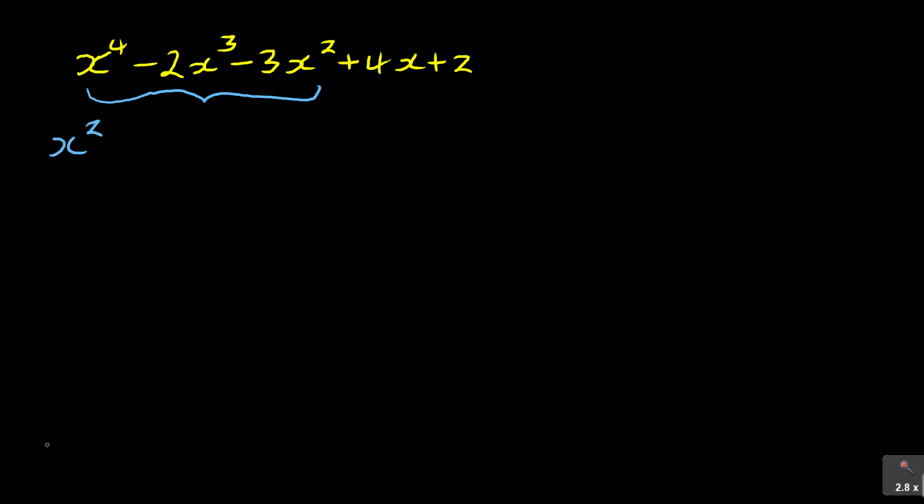What will it become? It will become x squared inside, minus 2x minus 3. That makes a bit of sense. If we have that plus 4x plus 2, you can take out 2, and then you've got 2x plus 1.